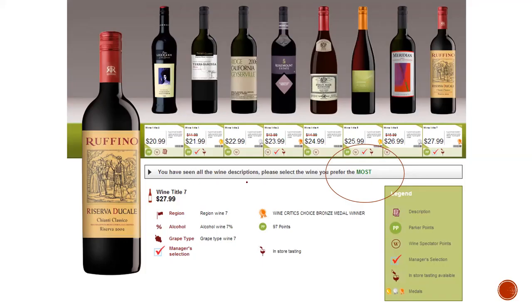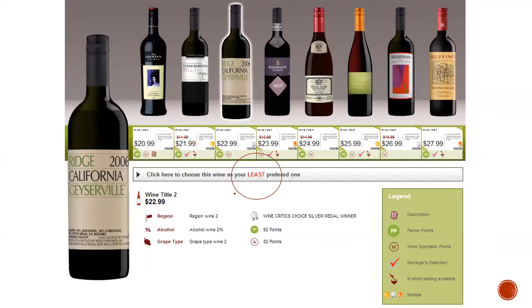The question asked is, you have seen all the wine descriptions, please select the wine you prefer the most. And the next question would be, please select the wine that you prefer the least. That will give you the most preferred option and the least preferred option. So that's how these experiments are designed.